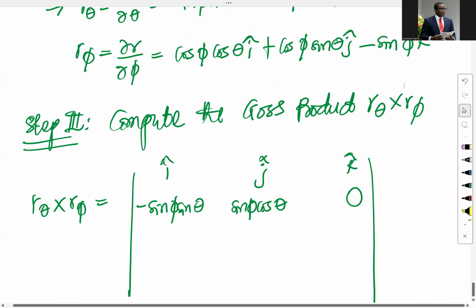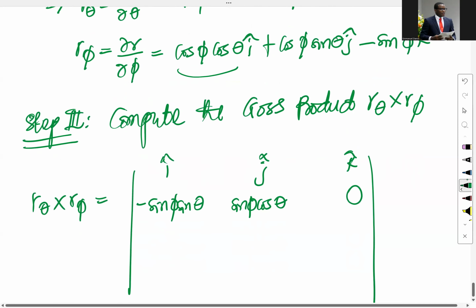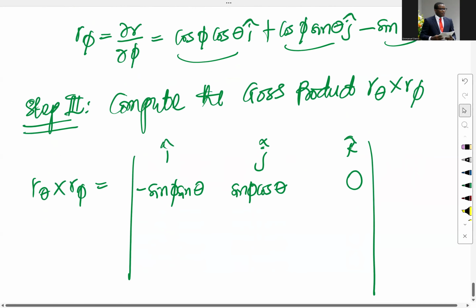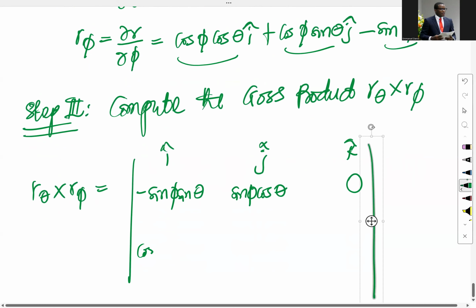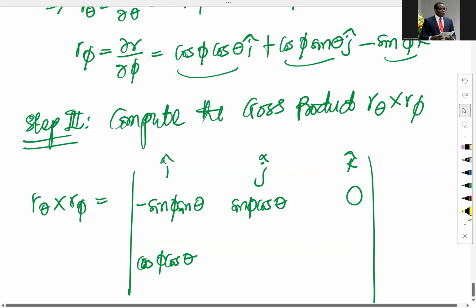Then for r phi, we have cos phi cos theta, then for j, cos phi sine theta, and lastly minus sine phi.